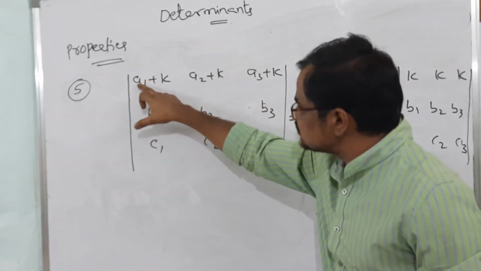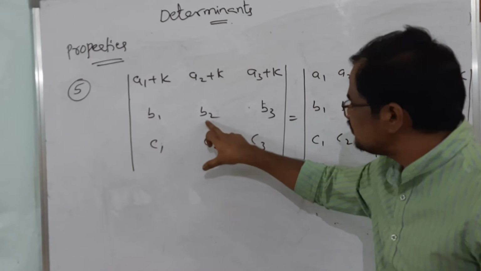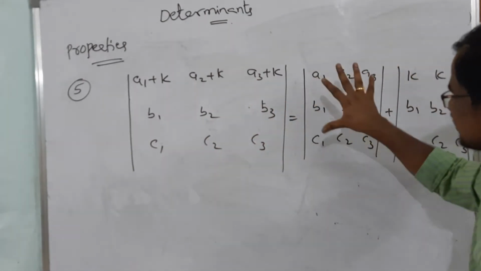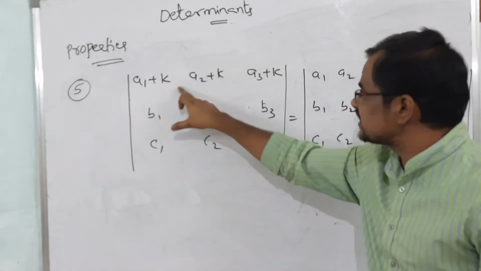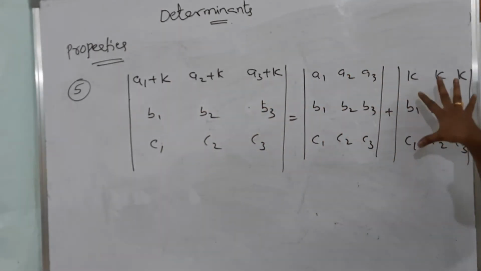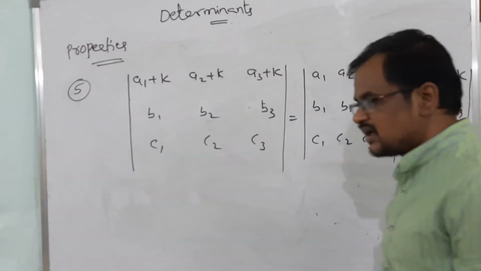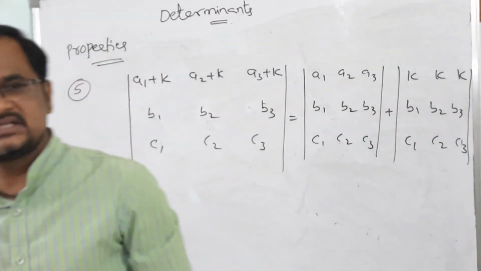Along this one is a1 b1 c1, a2 b2 c2, a3 b3 c3 as one determinant, and along this one k k k, and the remaining two rows are the same, like that we will write. This is the fifth property.